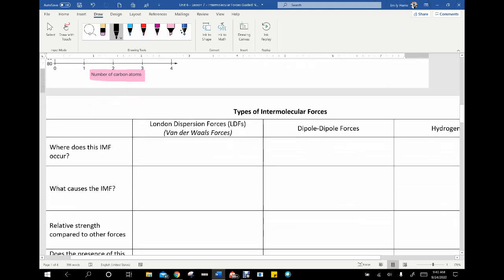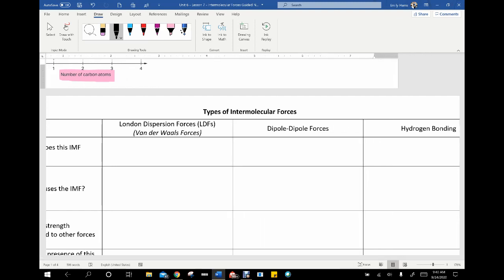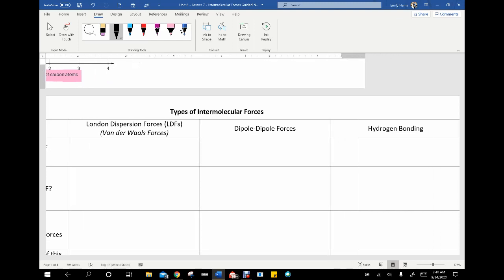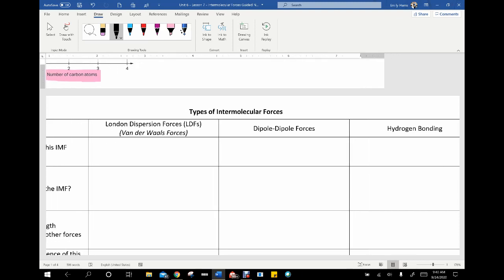So this leads us into a discussion of, well, what are these forces exactly? For our purposes, we're going to cover 3 different types of intermolecular forces. There's London dispersion forces, dipole-dipole forces, and also hydrogen bonding forces as well.